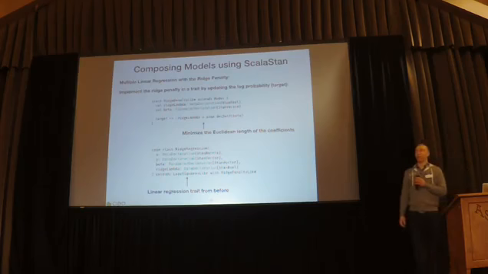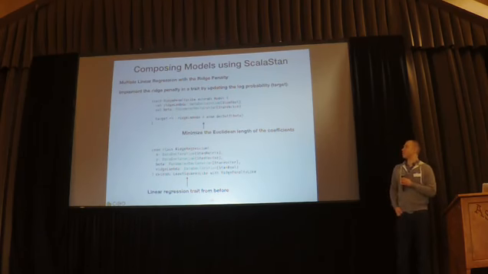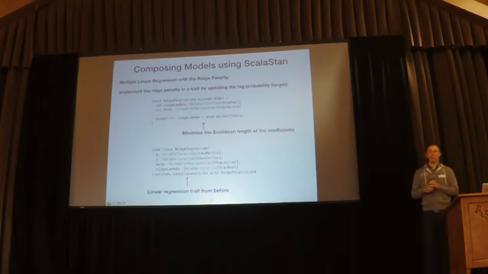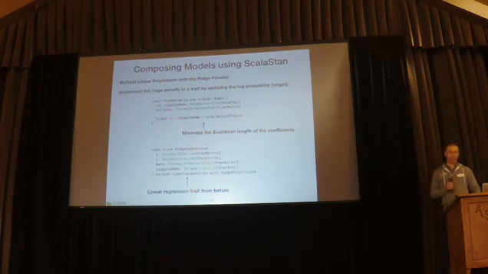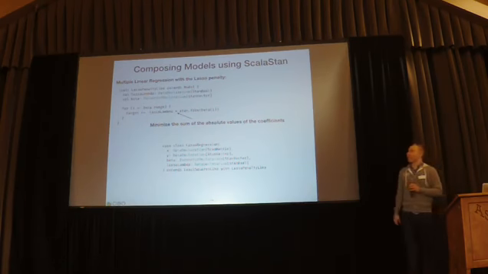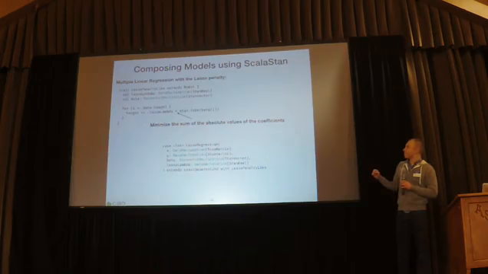If we want to go beyond least squares, maybe we want to do the ridge penalty, we can do that in the trait as well, and then we have least squares with ridge penalty, and now we have least squares regression with ridge regression. And then we can do the lasso penalty in the same way. We have another trait here in Scala land, and we just do lasso regression as least squares with the lasso penalty.